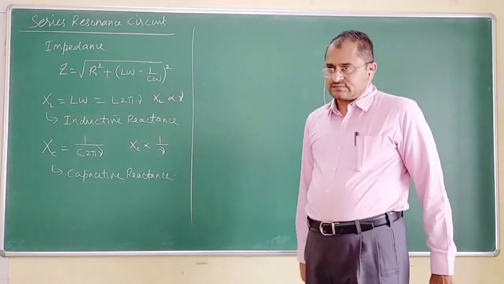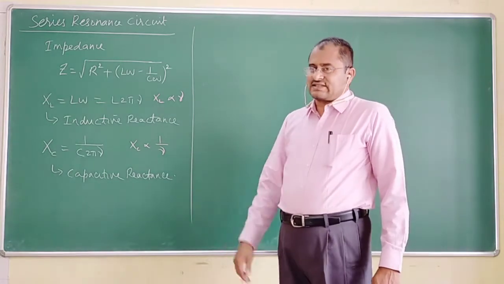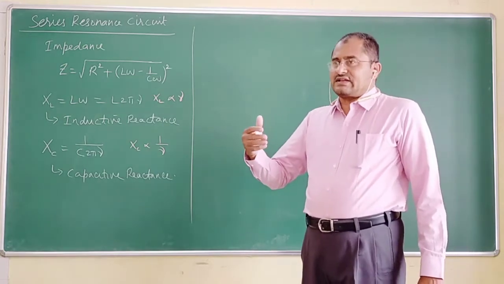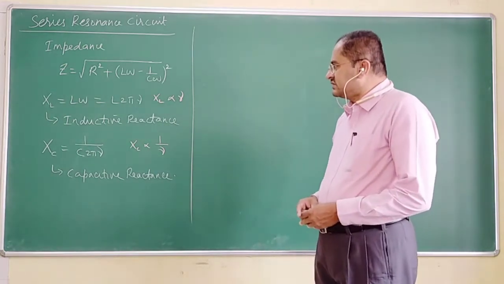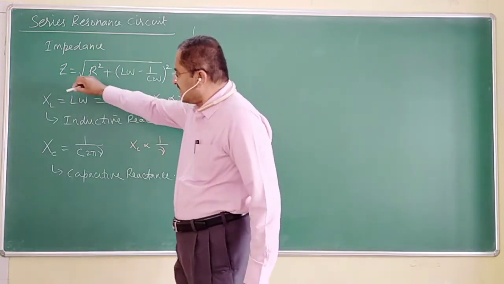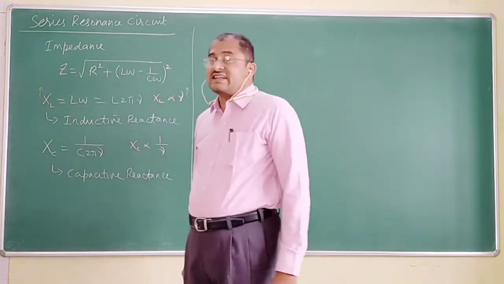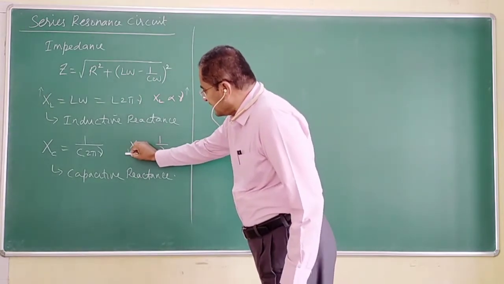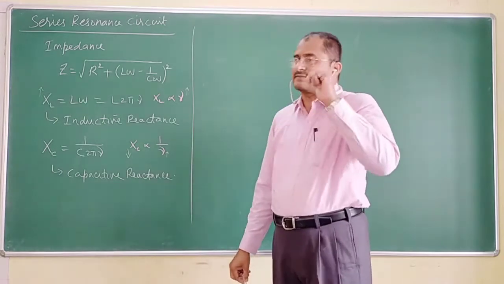As you increase the frequency of the applied alternating EMF, as nu increases, XL will keep increasing and XC will keep decreasing.